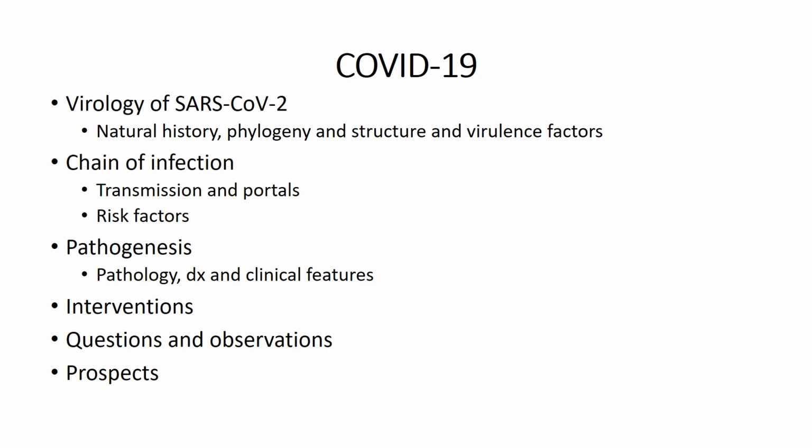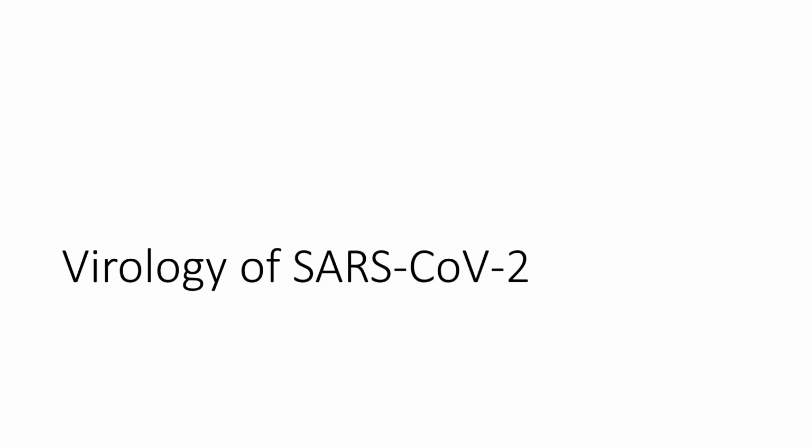Thirdly, we'll look at the pathogenesis, especially a few things, the key features of the tissues involved, as well as diagnostic highlights and the overall clinical features. And then interventions, questions, and observations about the current epidemiological situation, and a few comments about the prospects for the near future.